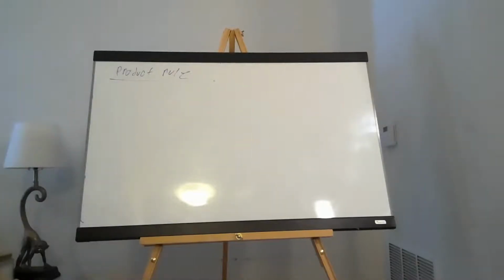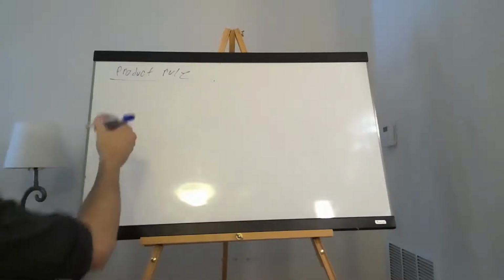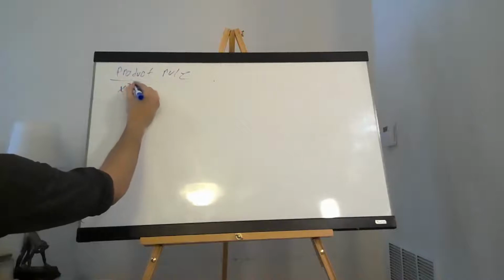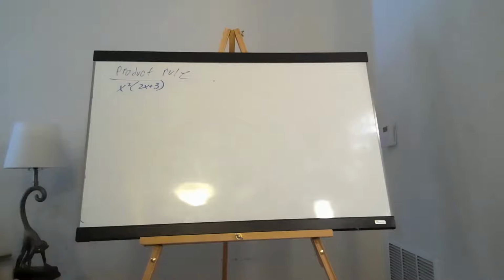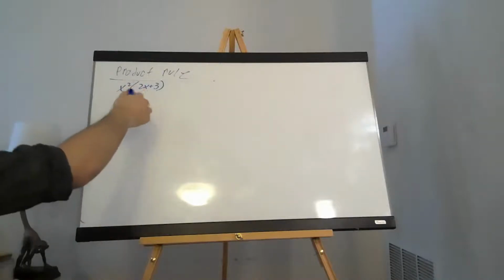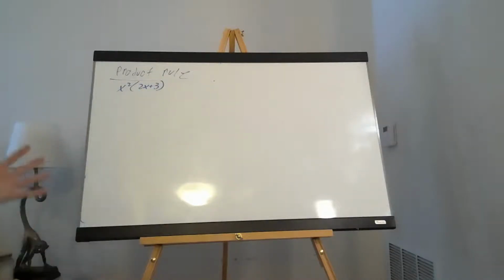Okay, so the product rule is the way that, let's say we've got a function like x squared times 2x plus 3. If you want to take the derivative, you can multiply it out first, and then just use the power rule and view it as a polynomial expression.